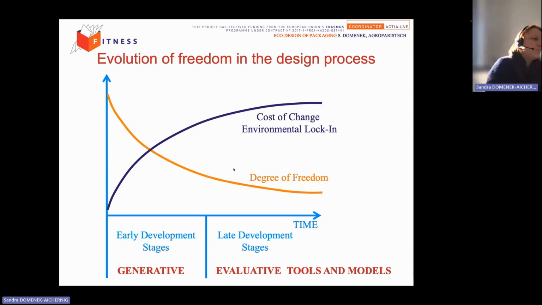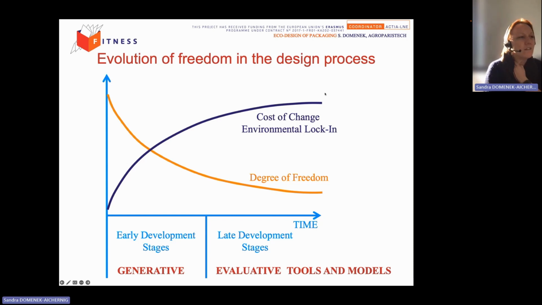This is a very simple sketch of the design process, showing you that in the very early design stages, you have quite high degrees of freedom, and it is interesting to think about the environmental impact already in these very early stages, because then you are already on a track which most probably is going to bring you to a more environmentally friendly product, because as your design process goes its way, the degrees of freedom are diminishing and the cost of change and the environmental lock-in is increasing.